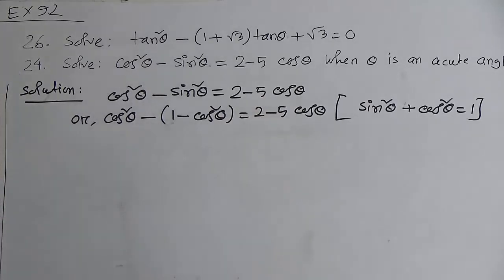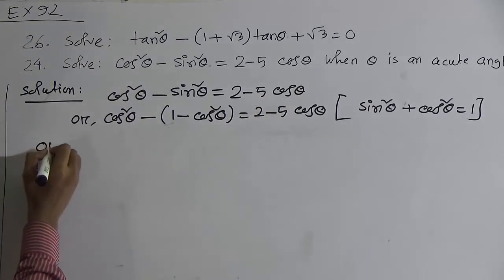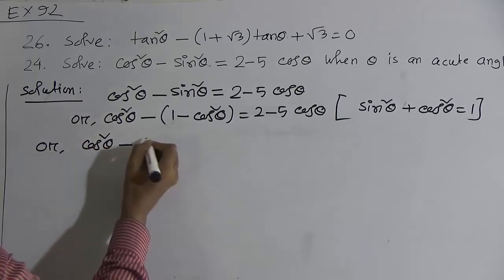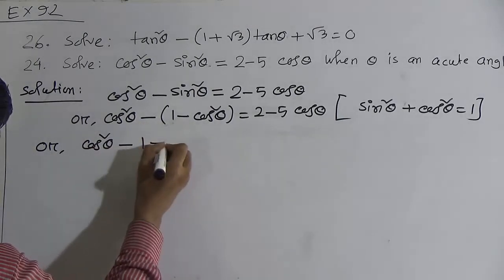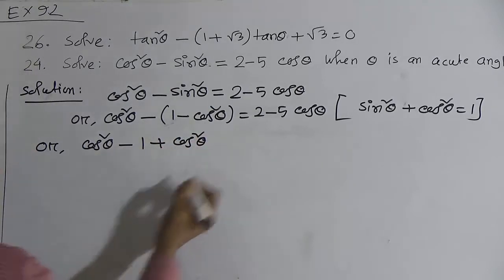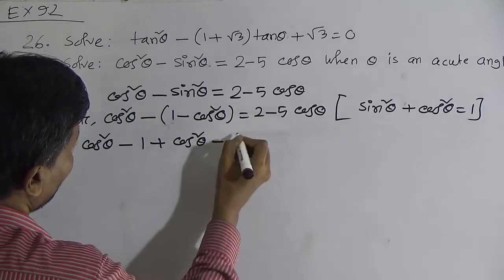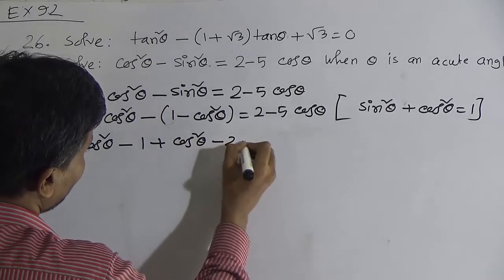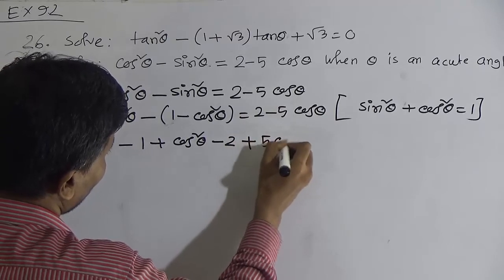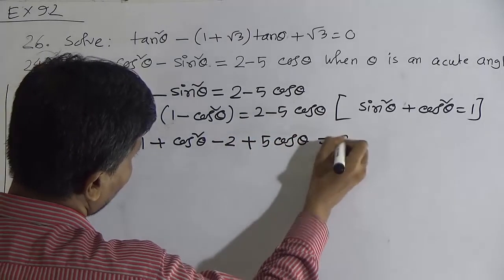Okay, or cos square theta minus 1 plus cos square theta, convert plus 2, then this will be minus 2 plus 5 cos theta. This is equal to what? 0.